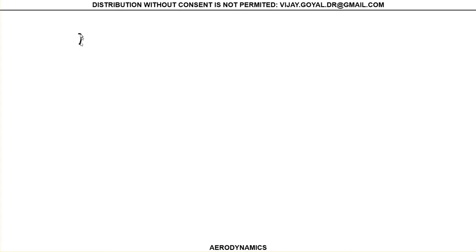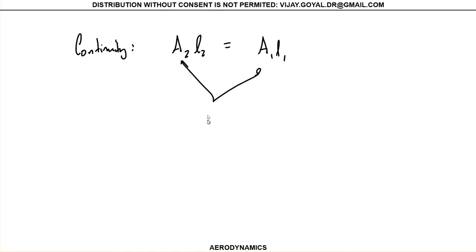Okay. So the equation of continuity states that A2 L2 is going to equal A1 L1. Okay, this is the area of the tube.